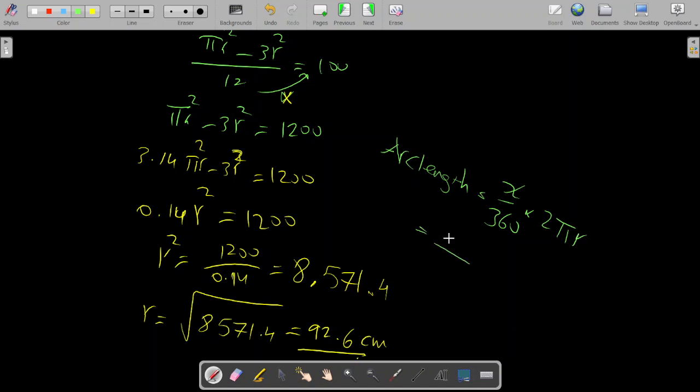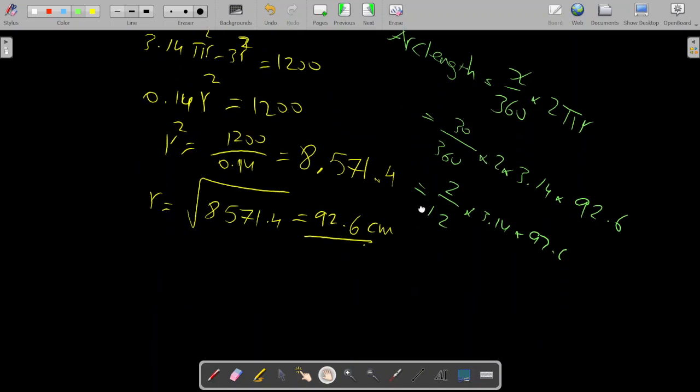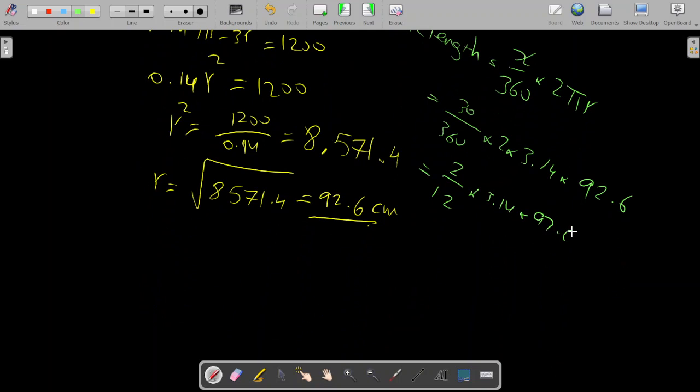So it's going to be equal to 30 over 360 multiplied by 2 multiplied by 3.14, which is the pi, multiplied by r, which is 92.6. I'm trying to simplify it as much as possible so you understand how you can calculate this.